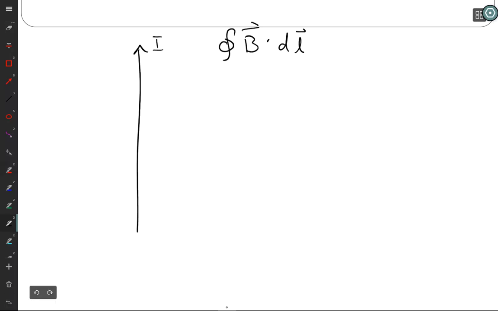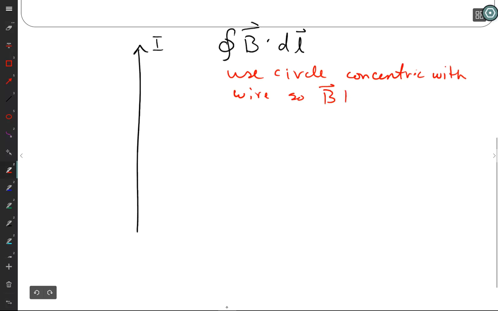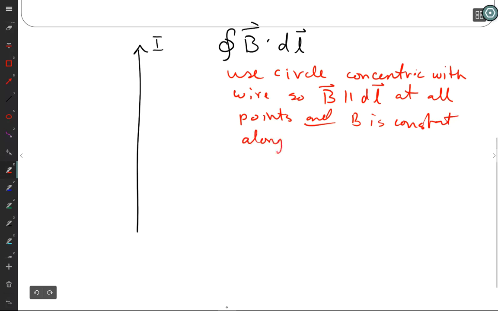So I use a circle. Magnetic field is parallel to dl at all points on that circle, and B magnitude is constant along the circle.